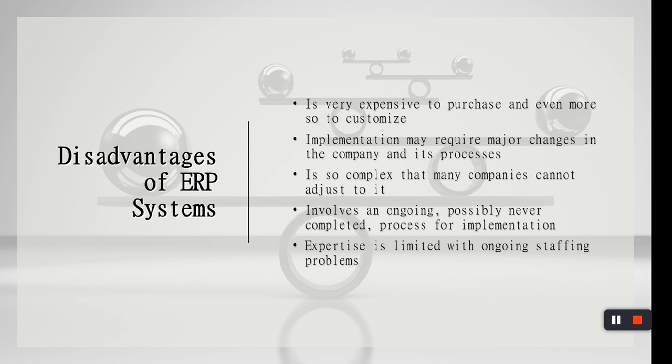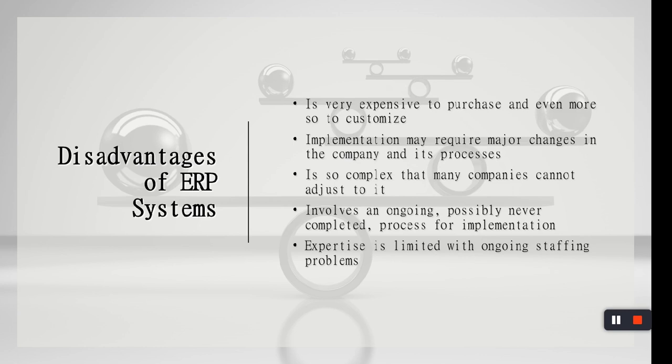So it's so complex. It involves an ongoing, possibly never completed process for implementation. So yes, I have a client that purchased an ERP system years ago, and until now, they haven't fully used the ERP yet because of many changes from time to time.